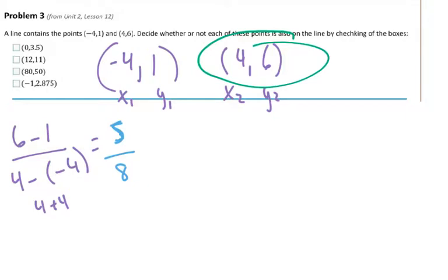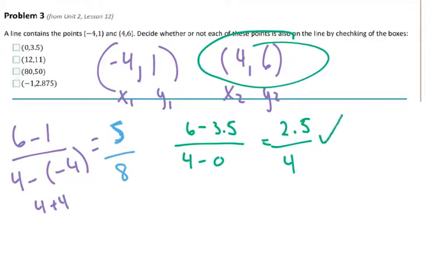So y2, 6 minus 3.5, or 4 minus 0. 6 minus 3.5 is 2.5. 4 minus 0 is 4. That is 5/8. Because 2.5 divided by 0.5 would be 5, and 4 divided by 0.5 would be 8. So that one is a yes.